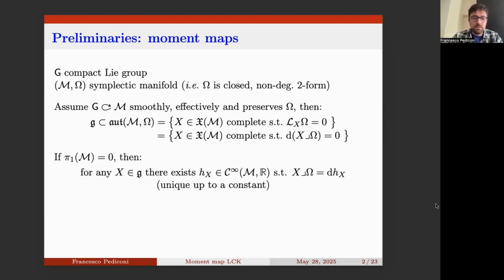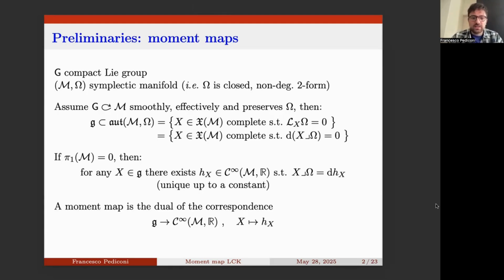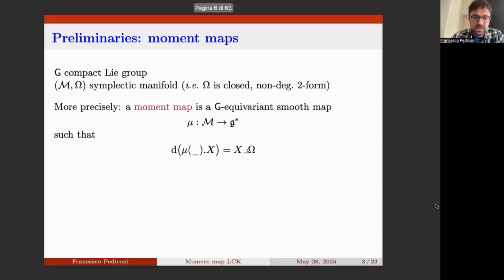Well, a moment map, by definition, is in a sense the dual of the correspondence that takes a vector field and gives you the potential of this vector field with respect to the symplectic form. To be more precise, a moment map is a smooth map which is equivariant with respect to the action of G, takes values in the dual of the Lie algebra of the Lie group G, and verifies the following equation.